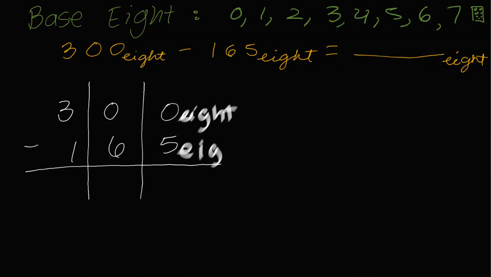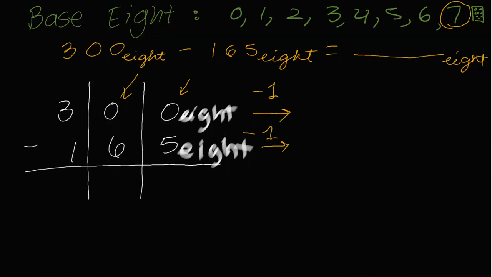Keep in mind that we are in base 8, and that is a big deal. What's the big deal with base 8? What is the last numeral that you could write before you move up to the next place value? 7, right?